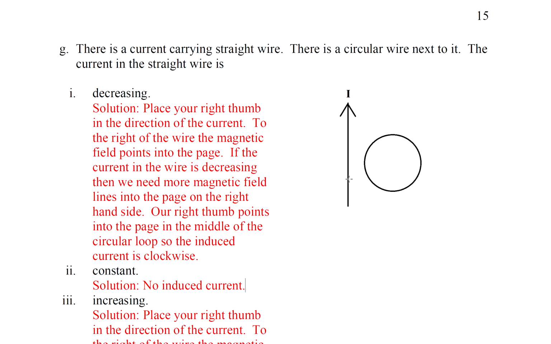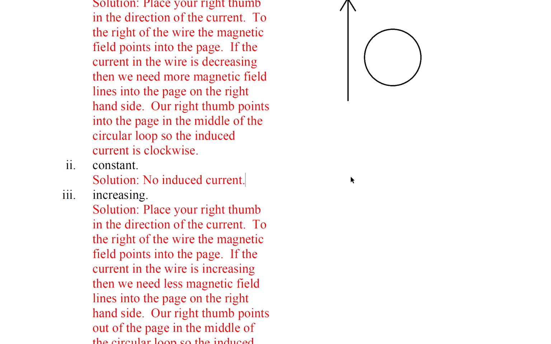If the current in this straight wire is increasing, then put your right hand thumb in the same direction as the current. Your fingers go into the page on the right hand side of the vertical wire.